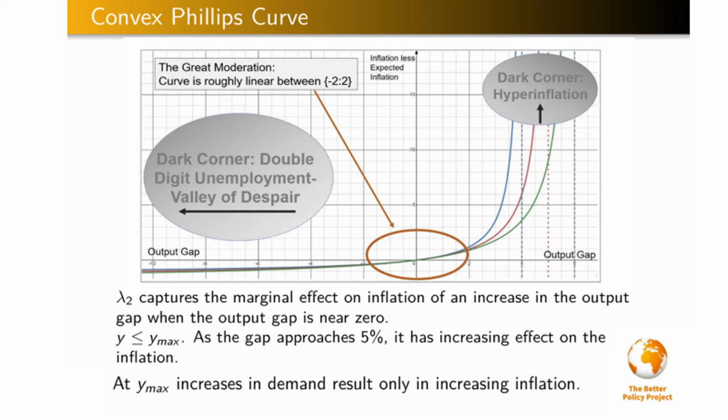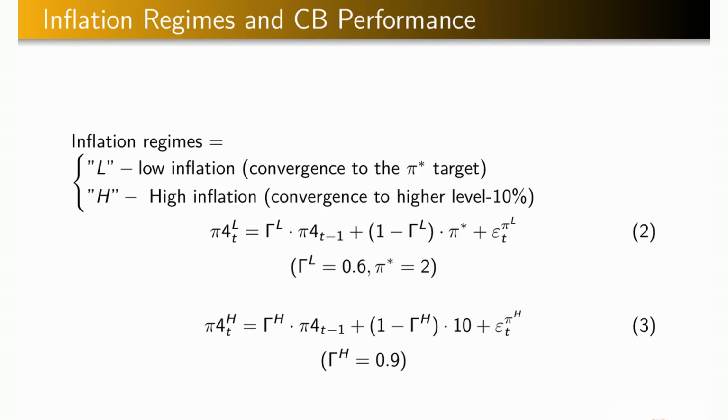We create two inflation regimes, low inflation and high inflation. L represents the low inflation regime, and H represents the high inflation regime. In the low inflation regime, inflation is close to the target and converges to it. In the high inflation regime, inflation is closer to higher values. For the U.S., as an approximation of high inflation, we use the number 10%.